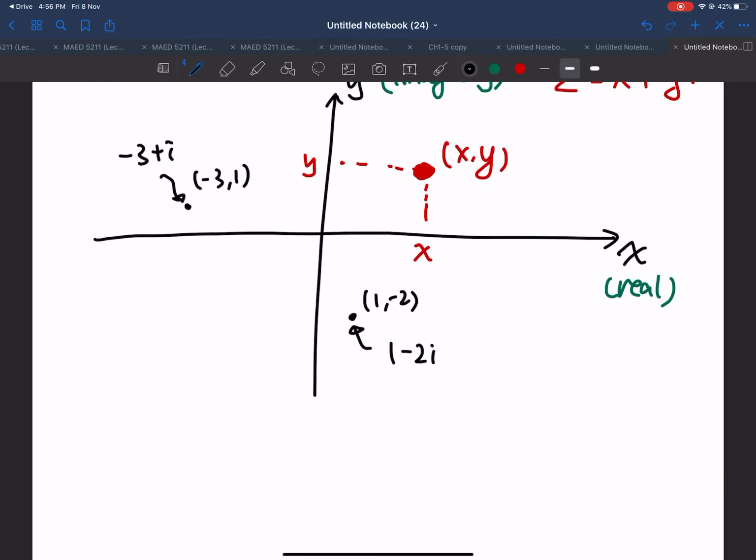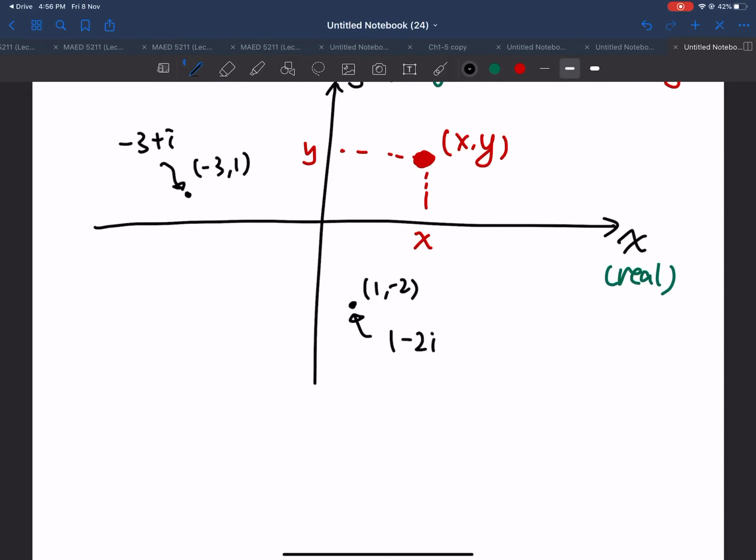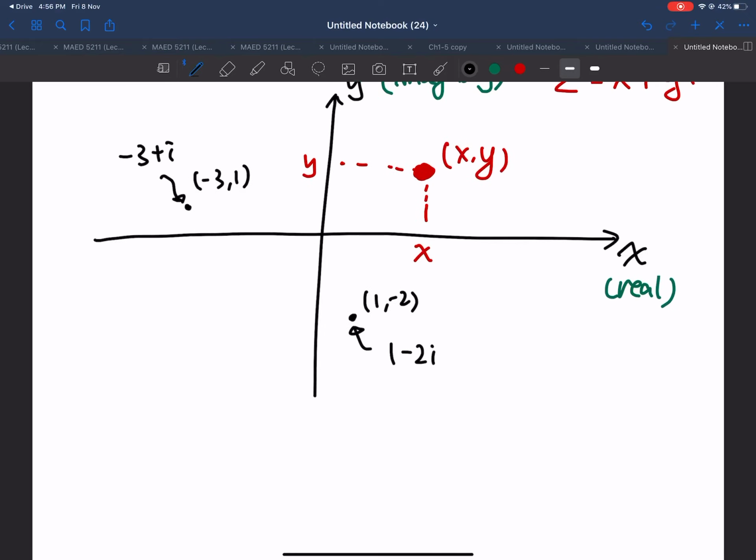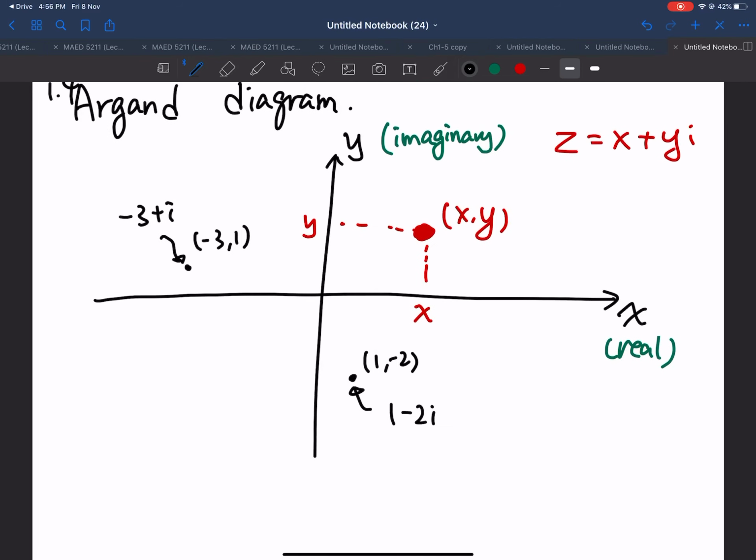And also, you have learned before about the vector. So this point, how can it be represented as a vector?